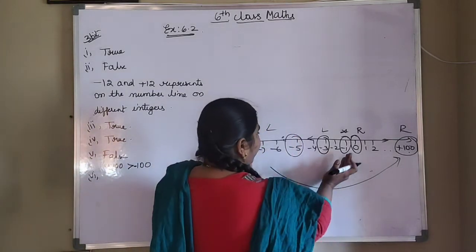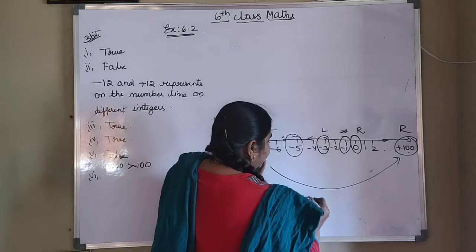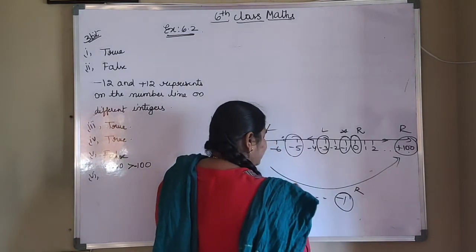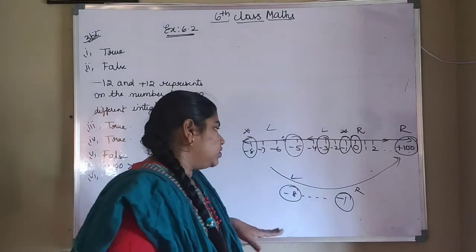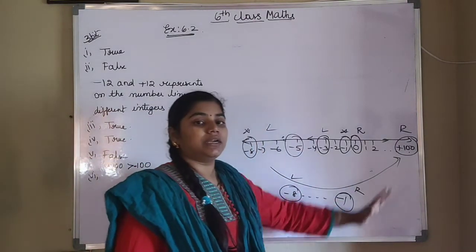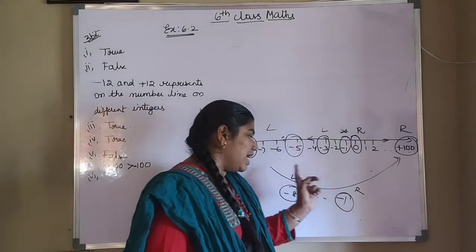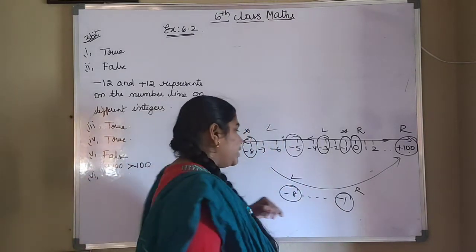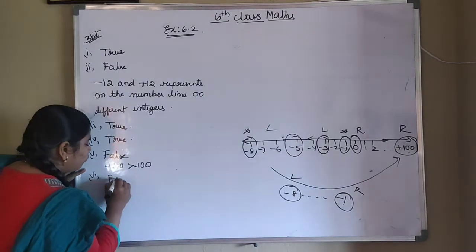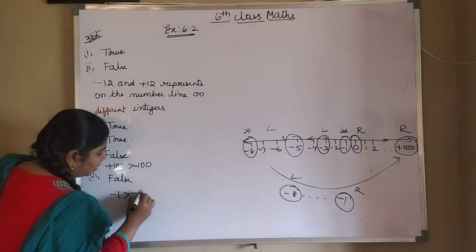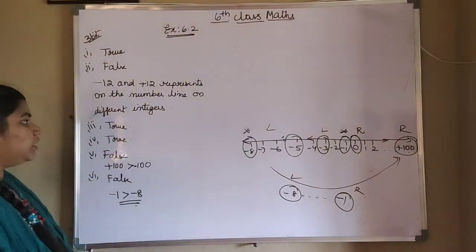If you take these two, -8 and -1, -1 is lying on right side and -8 is lying on left side. So -1 will be greater than -8. But they told here -1 is less than -8. So that is false. So what you will write here? -1 is greater than -8. So this is our third bit.